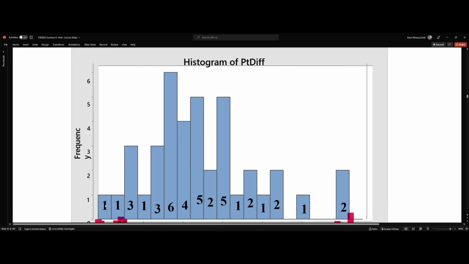It shows how many times something occurred in a specific interval, as we saw previously. The 3 is here, the 4 is here, 5 is here, 6 here. So I just put their height number, which you can do too.